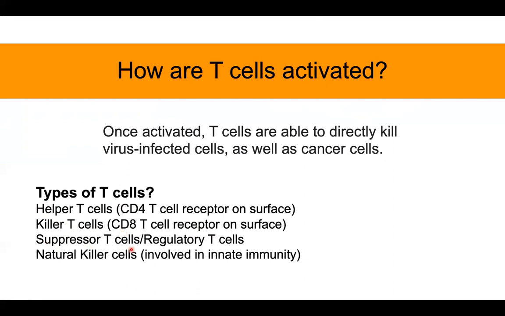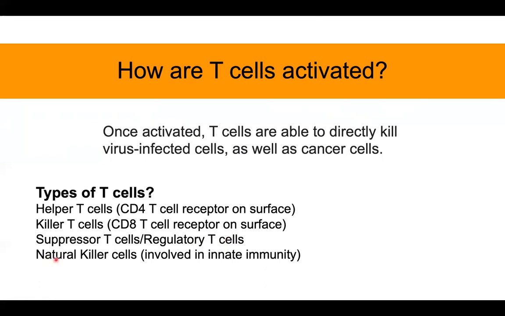Then we have the suppressor cells, and the suppressor T cells are sometimes called regulatory T cells or Tregs. These actually have CD4 receptors on their surface, and their job is to keep the immune system from going out of control. So they will make sure the immune system stops when everything is taken care of, when there's no more virus in the body, or the infection has gone down or whatever.